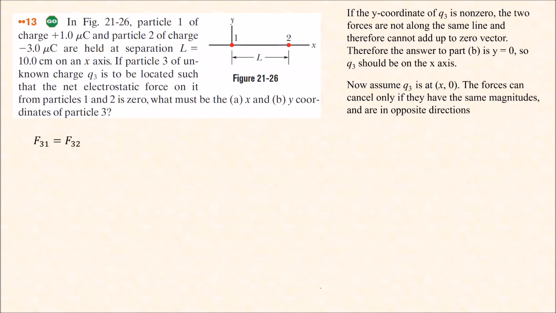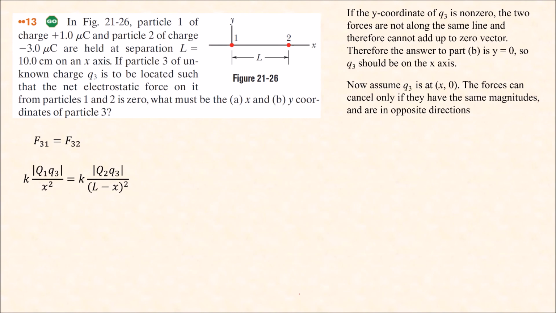F on 3 due to 1 is equal to F on 3 due to 2. So this gives you the equation k Q1 Q3 divided by x squared equals k Q2 Q3 divided by (L minus x) squared. One is at L, one is at x, so the distance is L minus x.